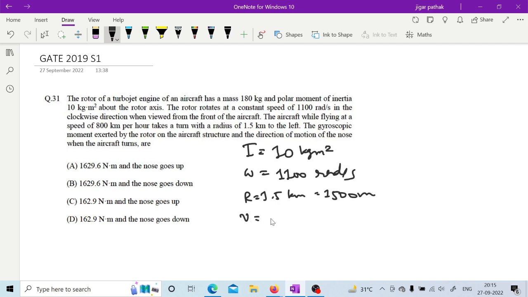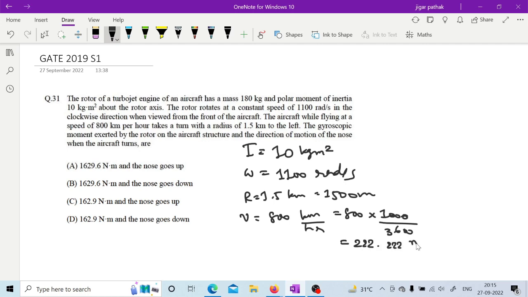V is given as 800 kilometers per hour. So you need to convert it into meter per second. So 800 into 1000 per 3600, that will give you this V. So what is this? Can anyone tell?